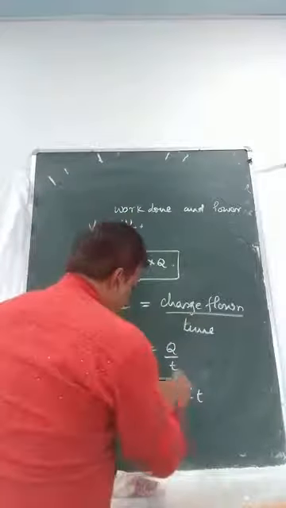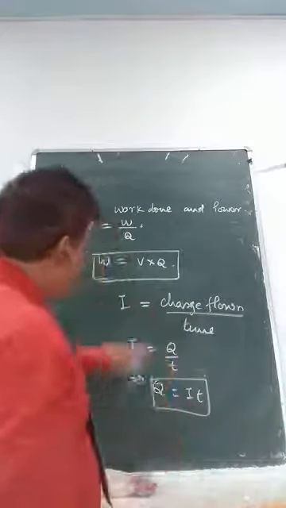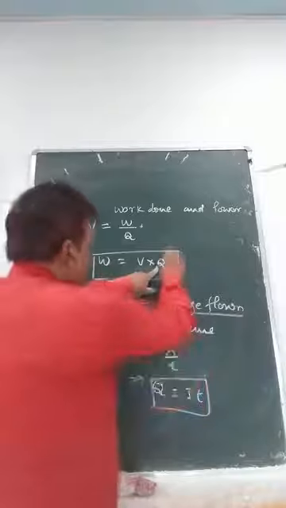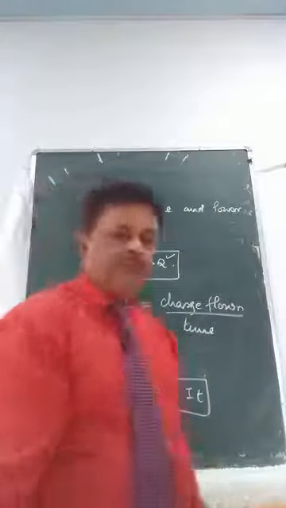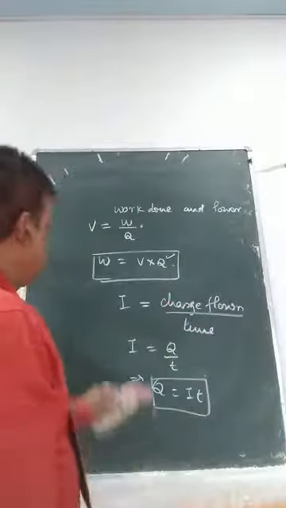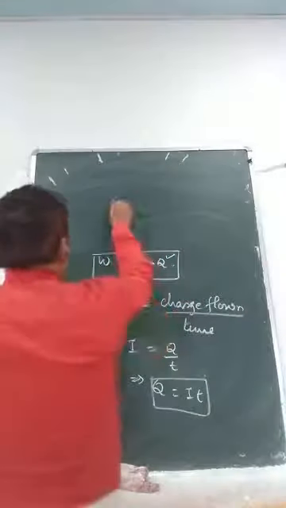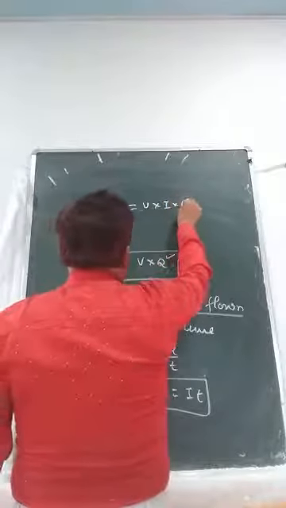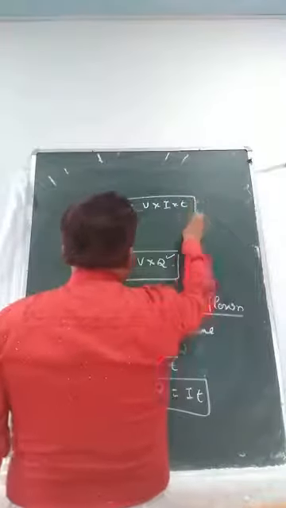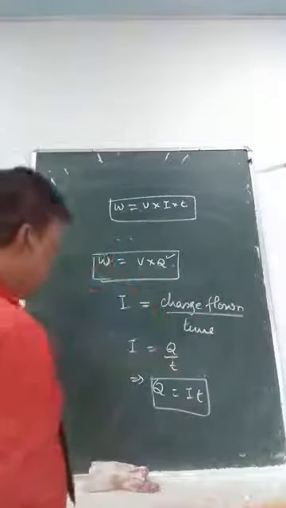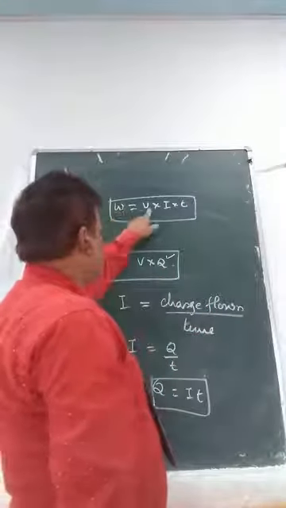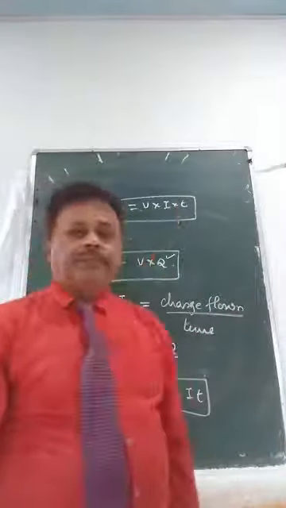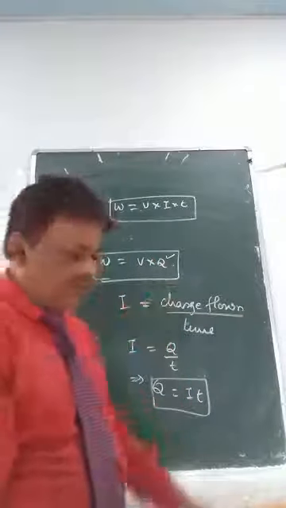This also will be a short question. Now if I put IT in place of Q, what shall I get? Work done equals V into I into T. Sometimes you will be asked to derive a formula. Derive work done is equal to potential into current into time. Then you have to follow this method.